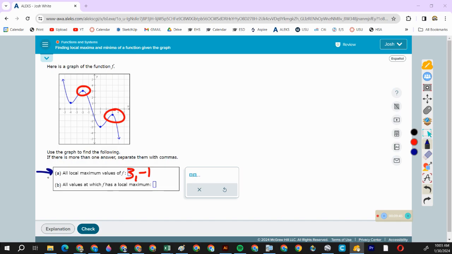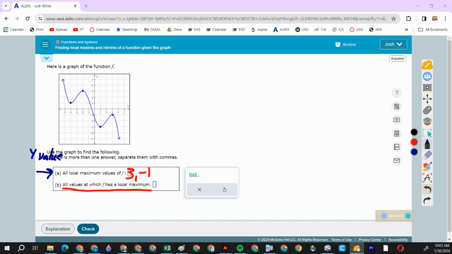So this question is asking, what is the max? So this wants y values. What is the highest point in this general area? The answer is 3. What is the highest point in this general area? That is -1.